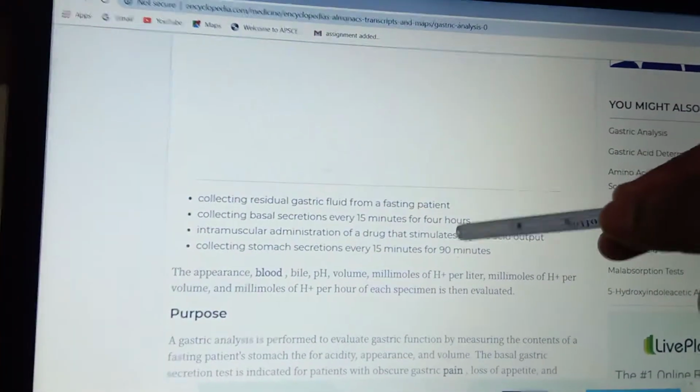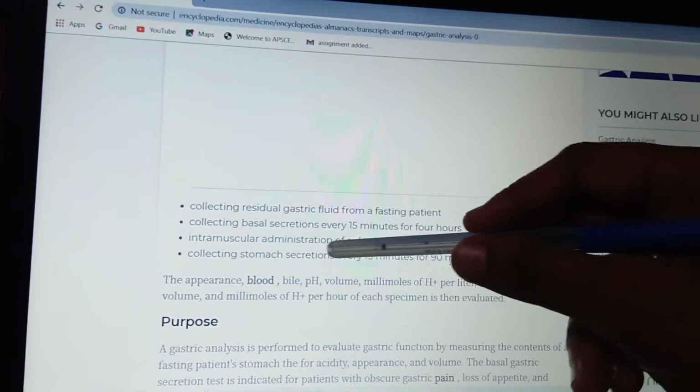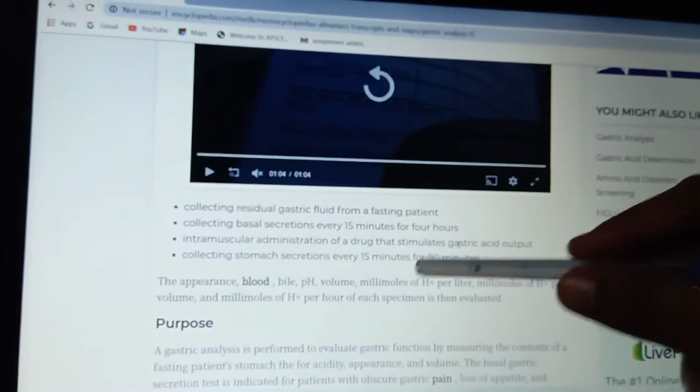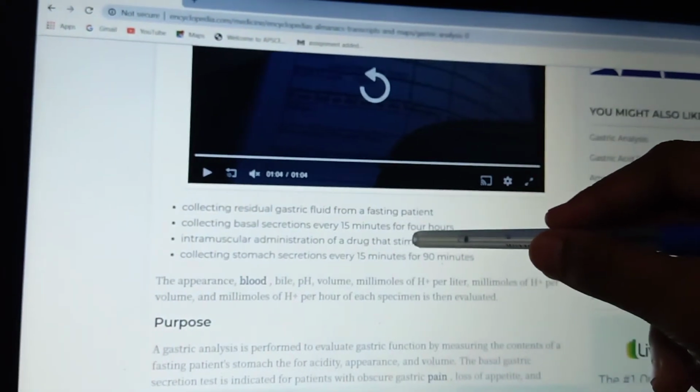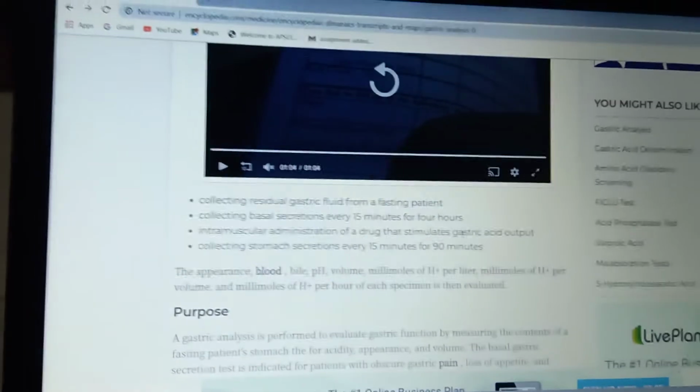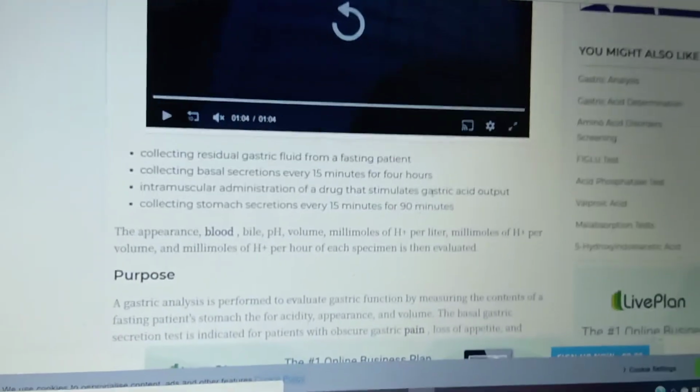In the fasting state, and then after administration of the drug, which I will show later, is useful in the procedure.